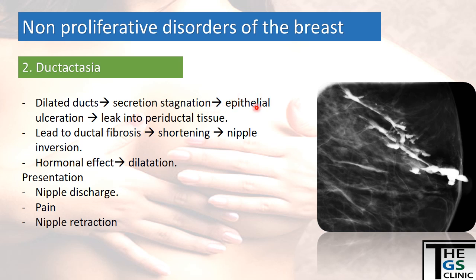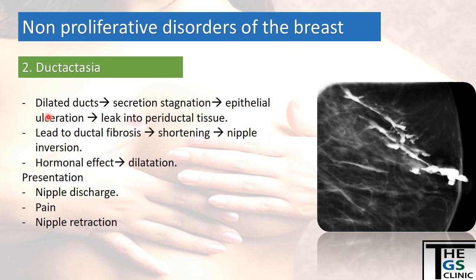After that, the next step will be epithelial ulceration, and this ulceration in the epithelium will leave the duct exposed to bacteria that will leak into the periductal tissue and cause periductal mastitis or infection, as we said in the previous slide. So the consequence of duct ectasia is periductal mastitis, and the consequence of periductal mastitis is breast abscess.